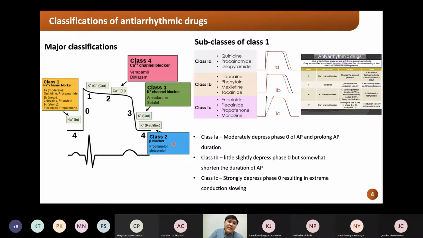And when we look at class 3, it's the potassium channel blocker. The drugs that belong to this class are amiodarone and sotalol, something like that. In this class, the drug will inhibit the potassium ion efflux from intracellular to extracellular. Can you imagine that?